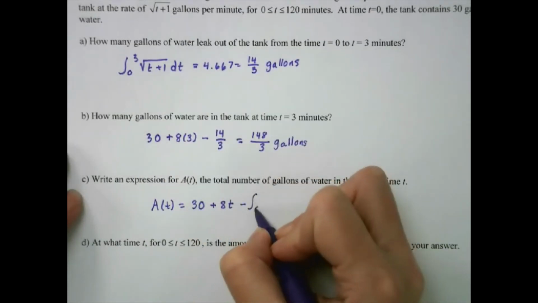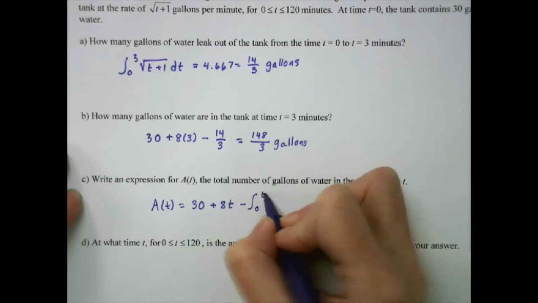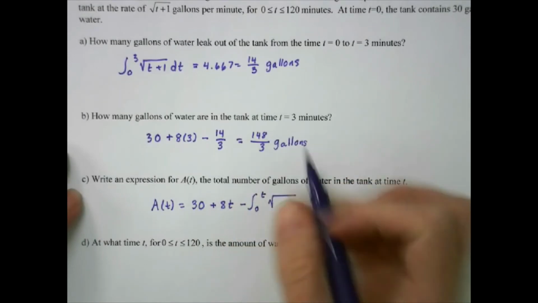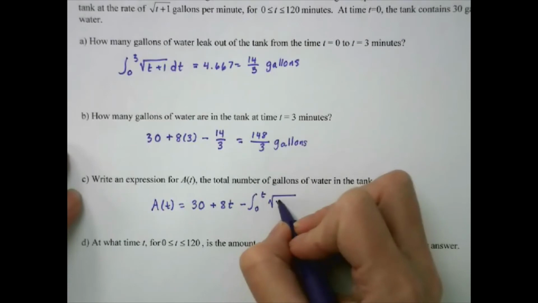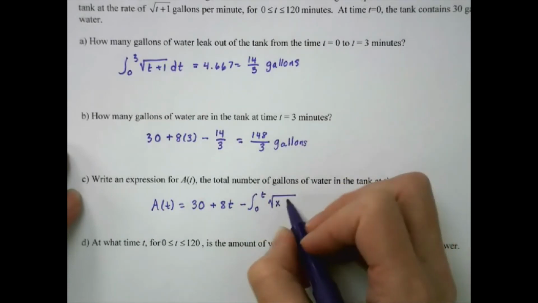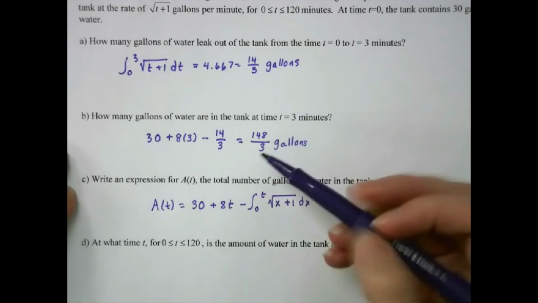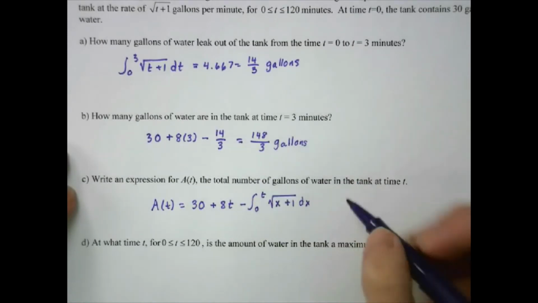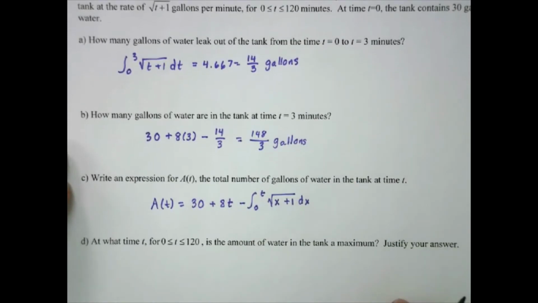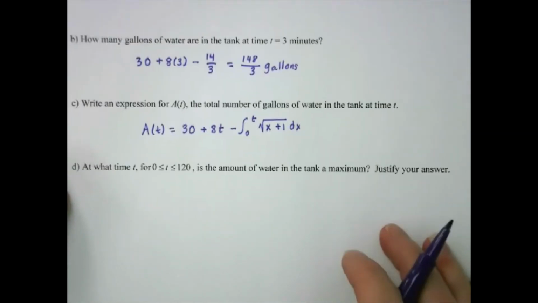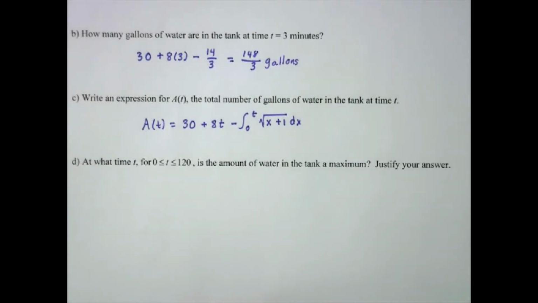So the integral from 0 to t, and I'm going to change the t to an x here, just so we don't have the same variable, because we want our t to be t. So that's our formula.